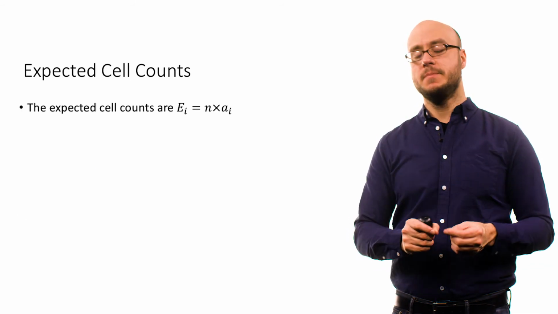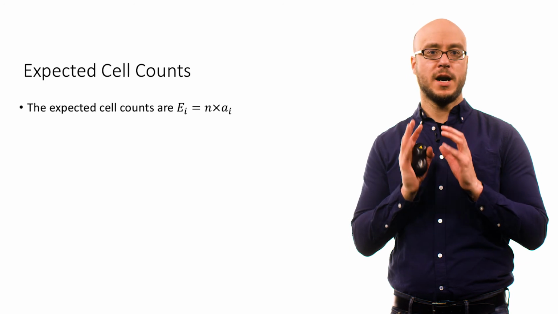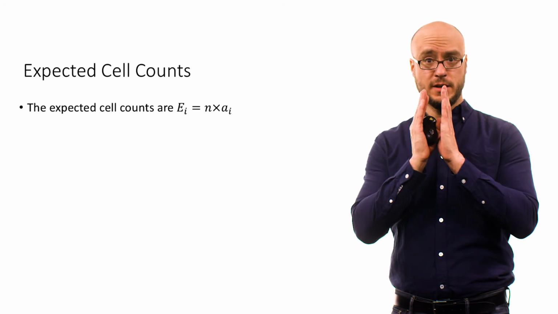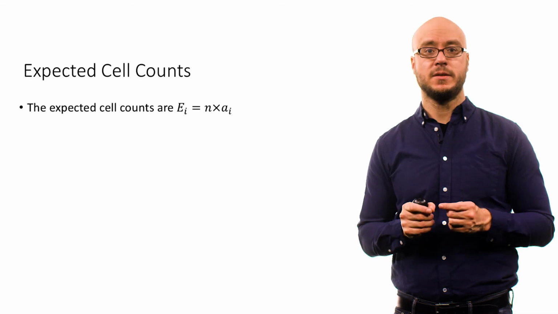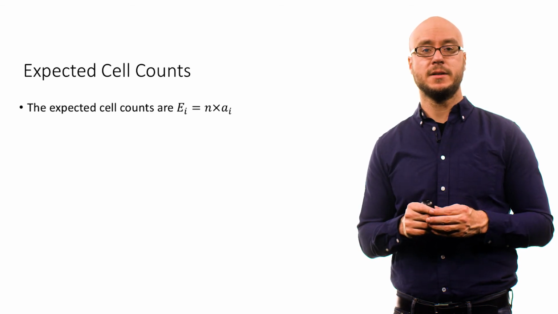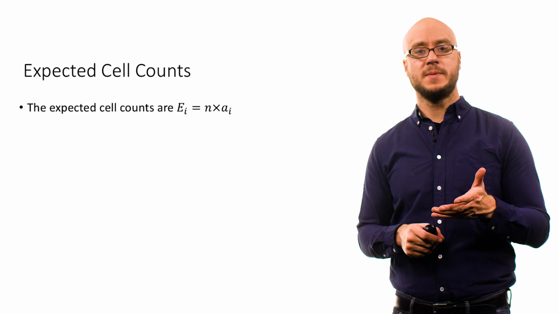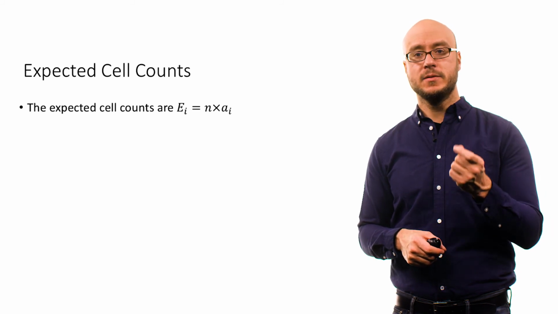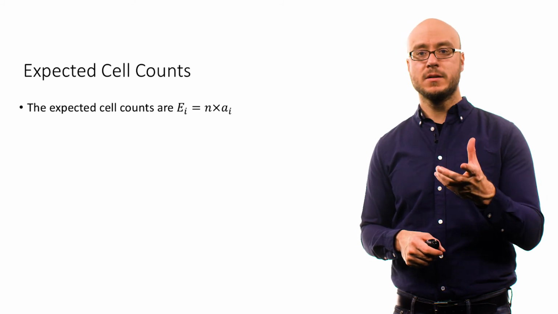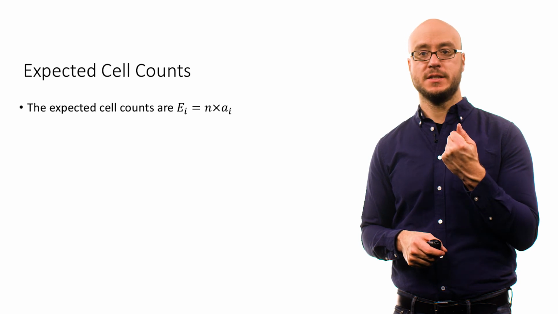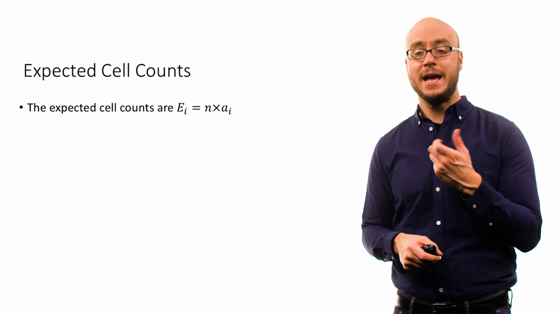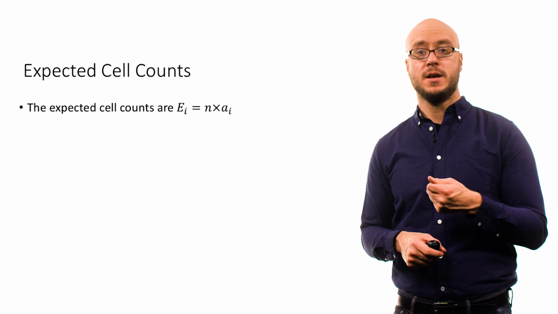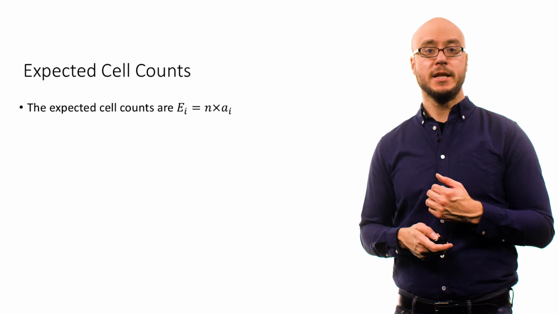The key part of the chi-square one-way goodness of fit test revolves around the expected cell counts. So we must calculate the expected cell counts. The expected cell counts are simply E subscript i equals n, which is the total sample size from our data, times a subscript i, where a refers to the claimed proportion in the population.